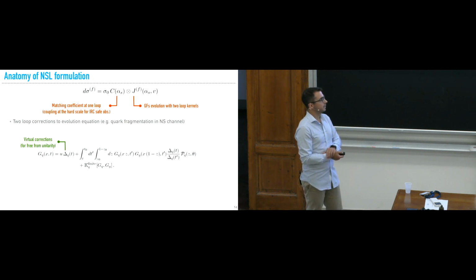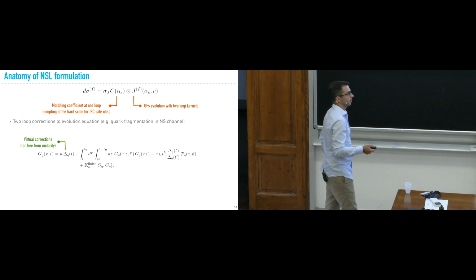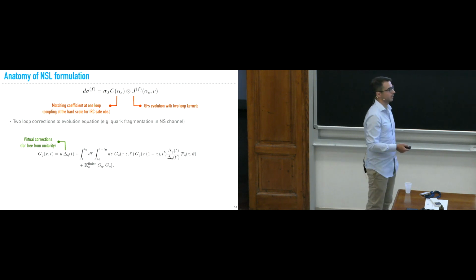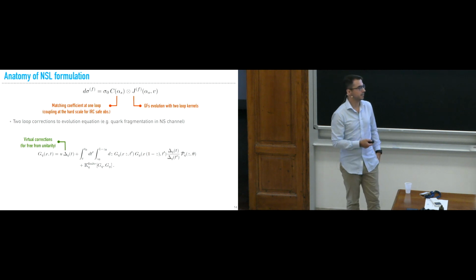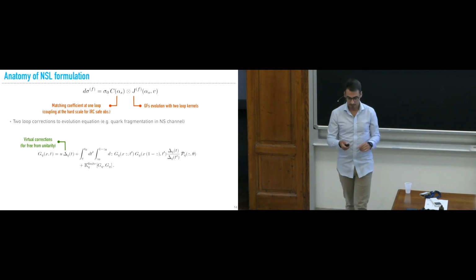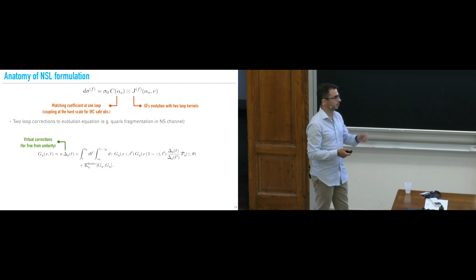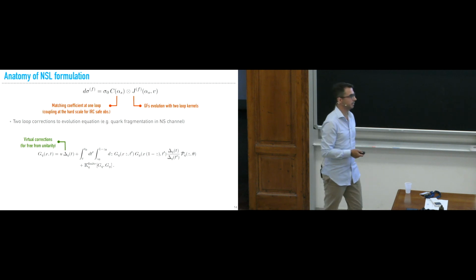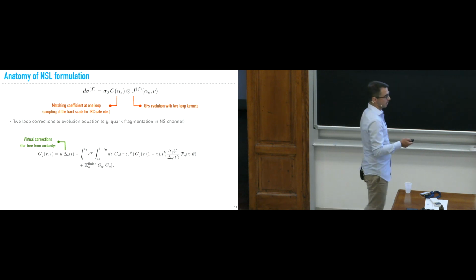So to see what that entails, let's look at the form of the quark evolution equation, for instance. And I'll just consider the non-singlet channel of a quark fragmentation in a very simple color configuration that is CF squared, so only abelian emissions of a quark line. So the first term is the Sudakov. This encodes the virtual corrections.